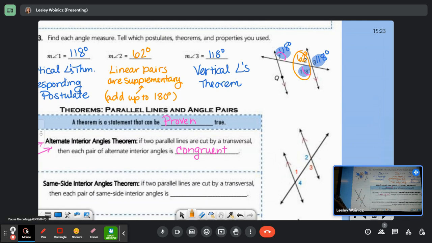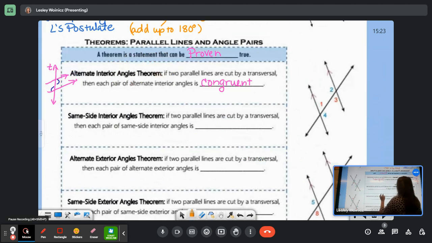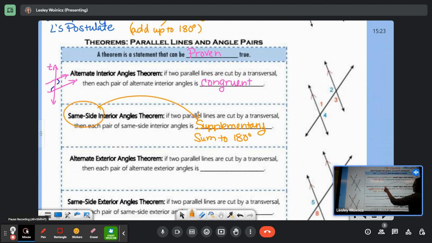It'll help you to remember because same side and supplementary, it's a whole lot of S's. Same side, supplementary. Got it? Okay, so same side interior angles are congruent, oh, I mean supplementary. That means they sum to 180 degrees. Same side, supplementary, sum to 180.